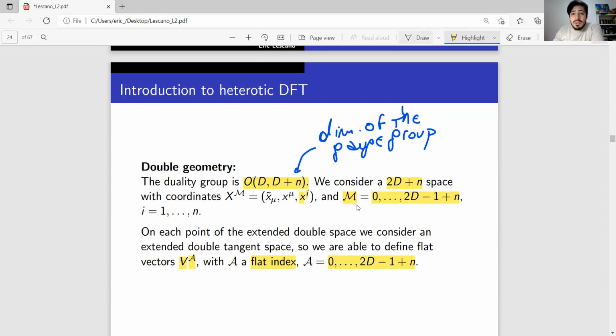This notation is different from Gianluca's. I have, on the Slack channel, a dictionary between my conventions and Gianluca's. Gianluca was using a dot over the index for the flat indices, and we are using the A, B, C, D letters.